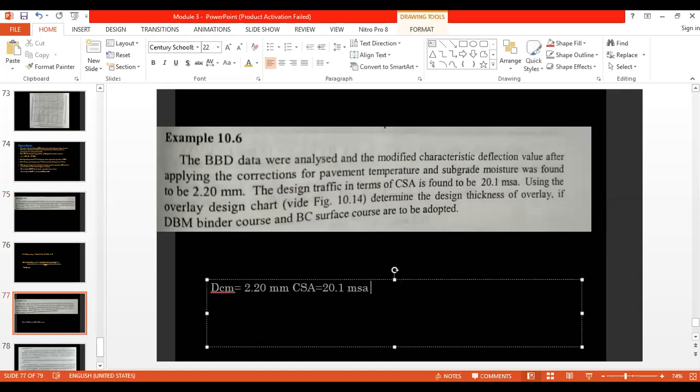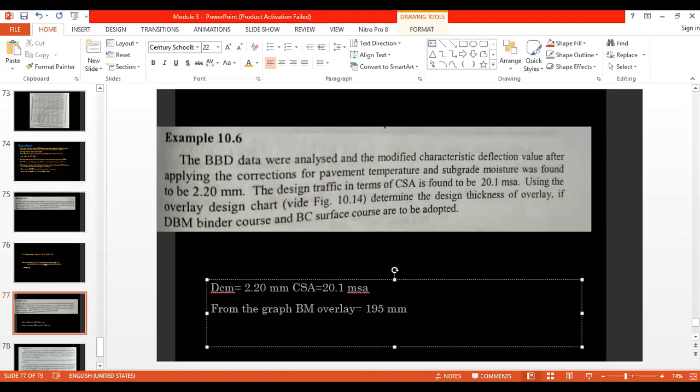That is from the graph. What is the answer? From the graph, the bituminous macadam overlay is 195 mm. Now, for the BC course, what you will do in the design steps, I explained.